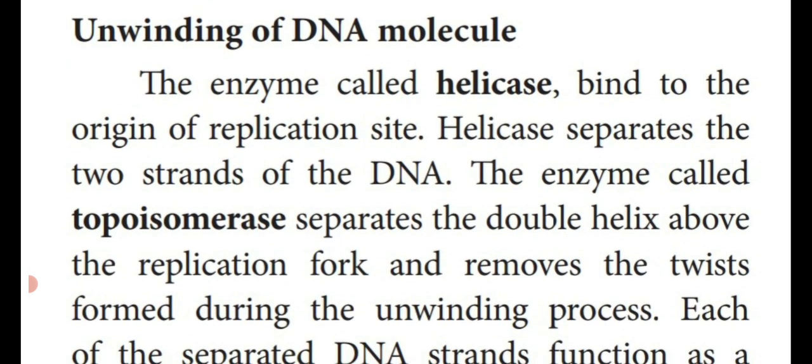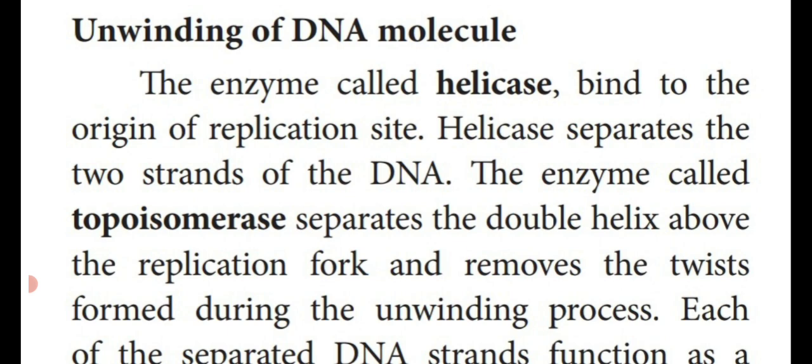The next step is unwinding of DNA molecule. That means the double-stranded helix of a DNA is separated into two single strands with the help of the enzyme known as helicase. So this helicase, which is present in the site of origin of replication, separates the double-stranded DNA into two single-stranded DNA.